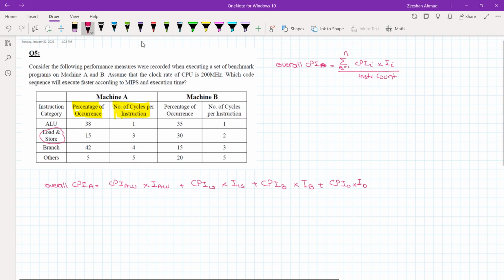So now just simply substitute the values, all divided by the instruction count.